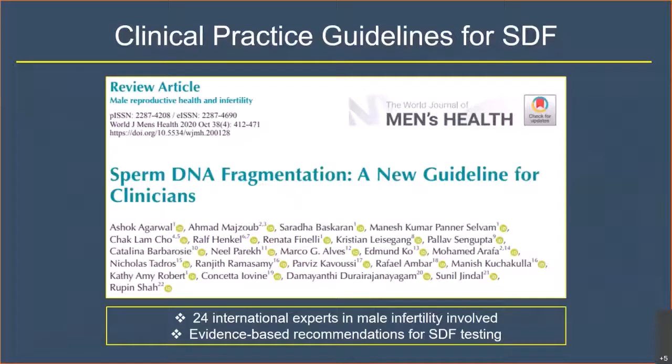So now I want to present to you the clinical practice guidelines that were published last year, in 2020, by our group. These guidelines were the result of a collaborative effort from 24 international experts in male infertility, and they were based on the evidence already published in the literature for SDF testing.